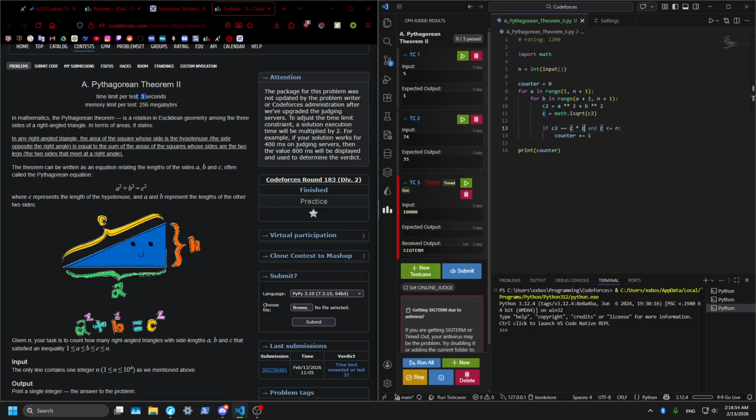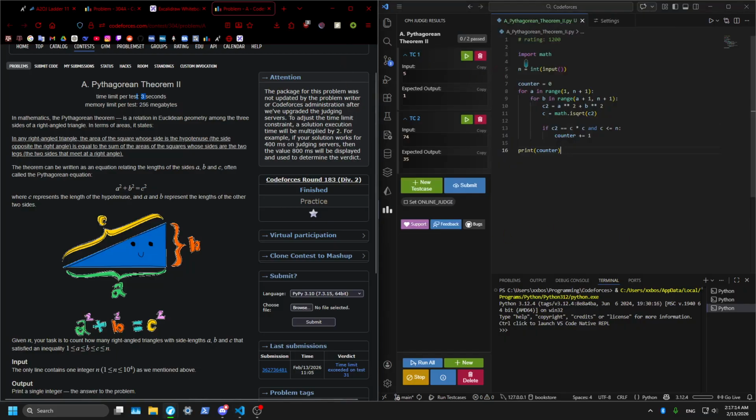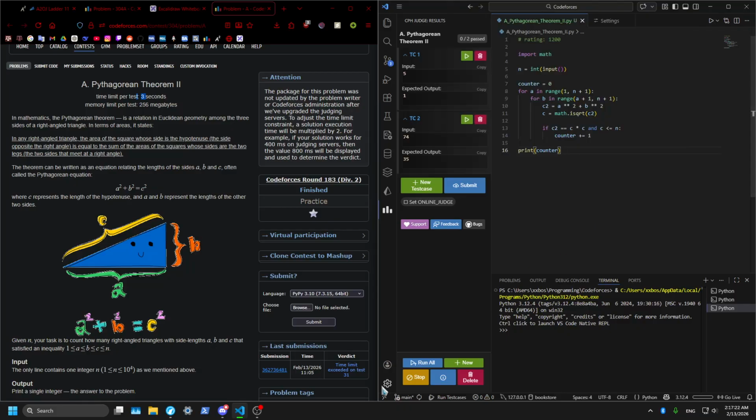I haven't used C++ in ages. How do I swap languages?